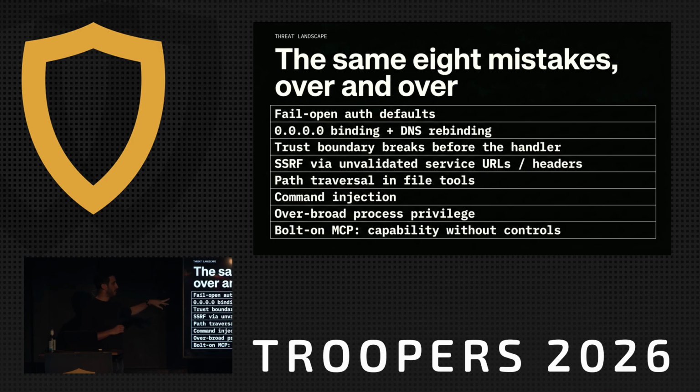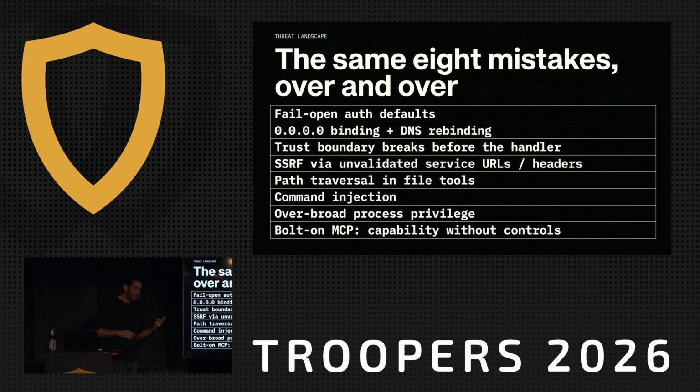The two vulnerabilities that I'll discuss here are just a glimpse of a much broader research that we haven't released yet, but we found a lot of interesting stuff. Fail open issues, we'll see an example of that. The binding to 0.0.0.0 that we discussed. DNS rebinding, which I won't talk about in this talk, but it's a mess in terms of how many servers are vulnerable to it.